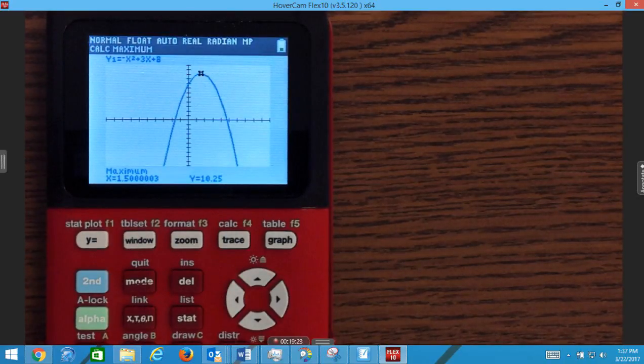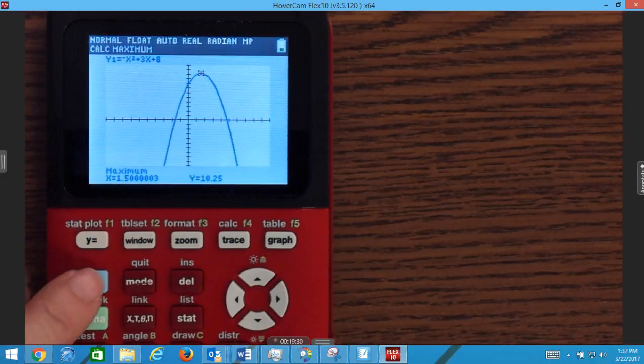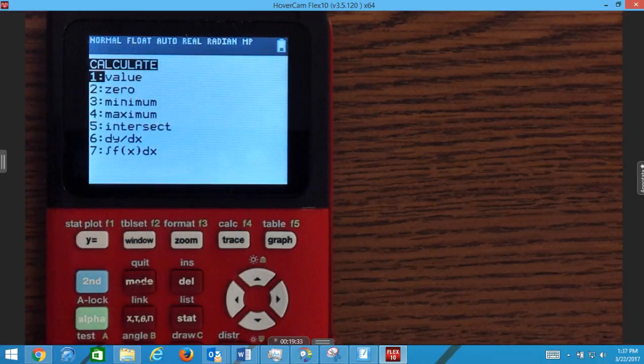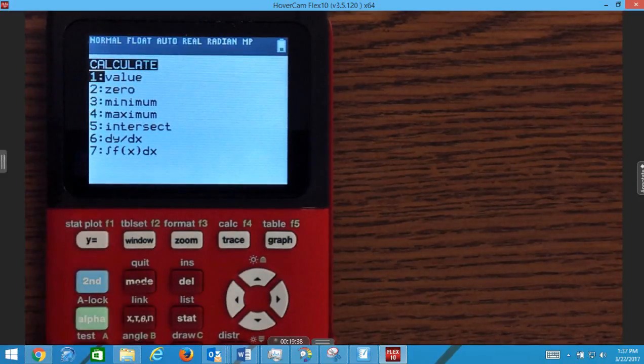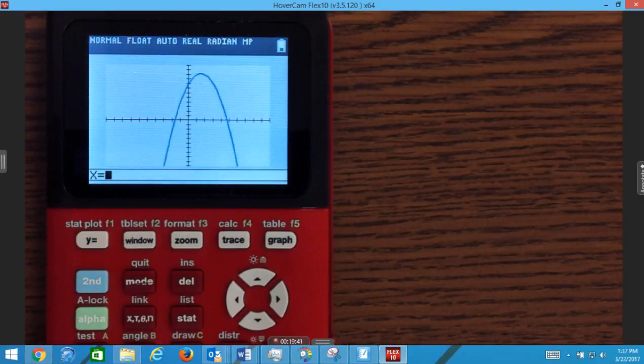How did we do the y-intercept by hand? Plug in 0 for x. So there's a way that you can plug in numbers for x and it'll tell you the answer. You go back to second trace, which is the calc button, and it's value, number 1. So second trace value, when you choose that, it says x equals, and you type in 0, enter, and it tells you 0.